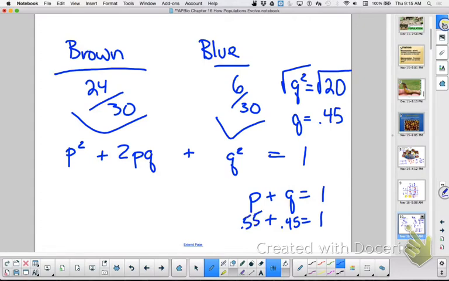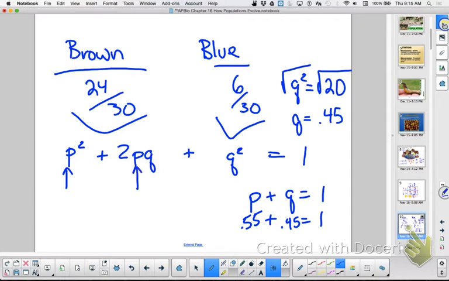Now, that's what we are predicting based on the number of blue-eyed people in this room. That may not be what we're calculating now. These are just predictions based on the amount of blue eyes because we know those are the only two options here.